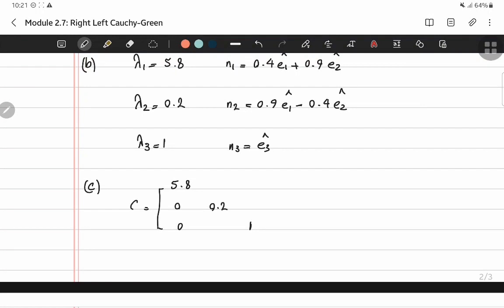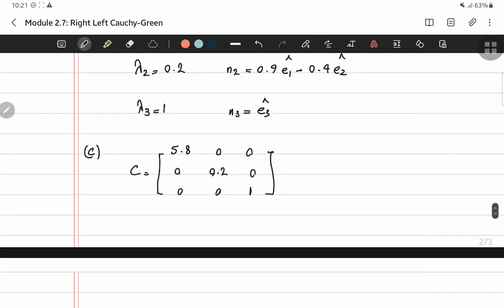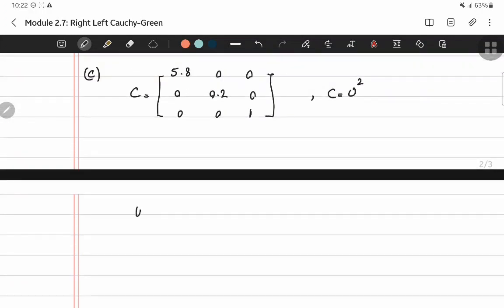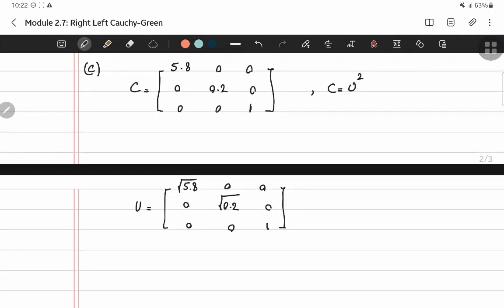Sorry, this is C. In terms of principal values, you have C like this, and you know C is equal to U squared. Therefore, U is nothing but square root of 5.8, square root of 0.2, square root of 1, which is 1, and the rest are 0.